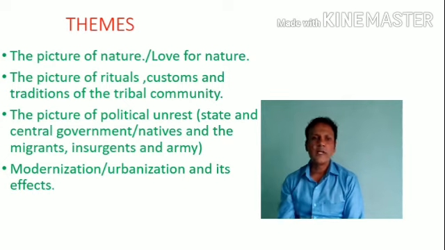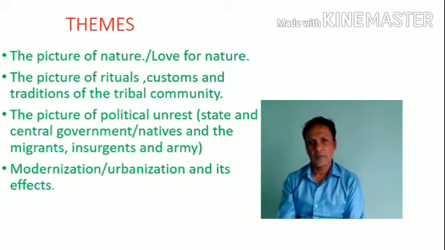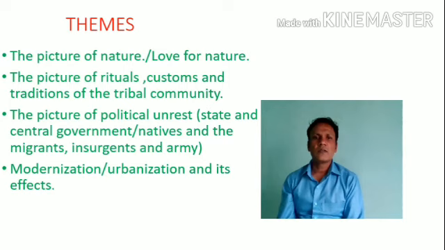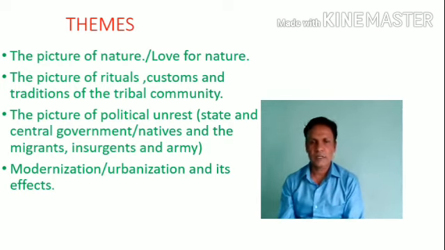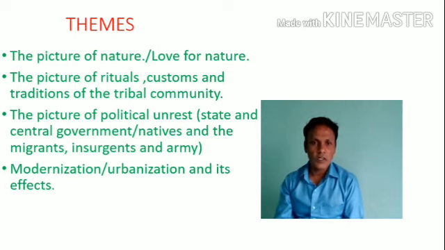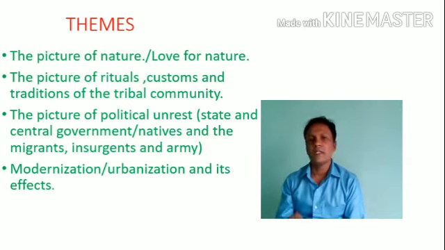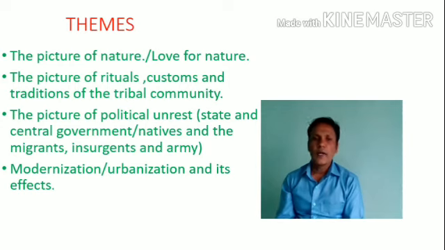Because of the frequent conflicts between the militants, militants meaning insurgents, and the military, and the conflicts between the militants and the people migrated from neighboring countries or other states. Because of these conflicts, there has always been political unrest. And the poetess expresses her lament over this scenario in the very first line.